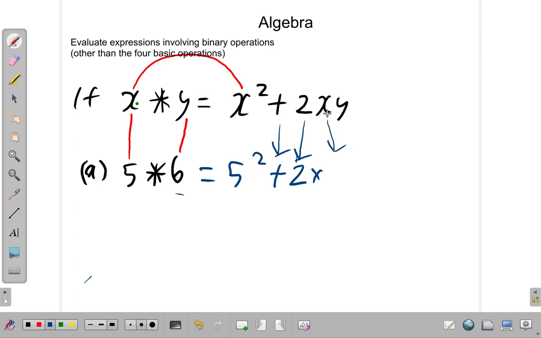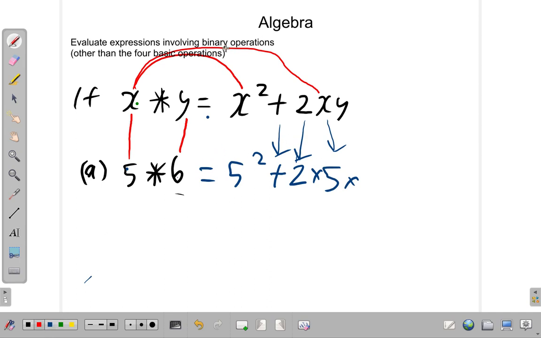Whatever happened to the x here will happen down here. But instead of x, it's 5. So it is really x that will be here, but over here, it is 5 that will be here. So you follow the same pattern, right? So what you have is 5 times what?